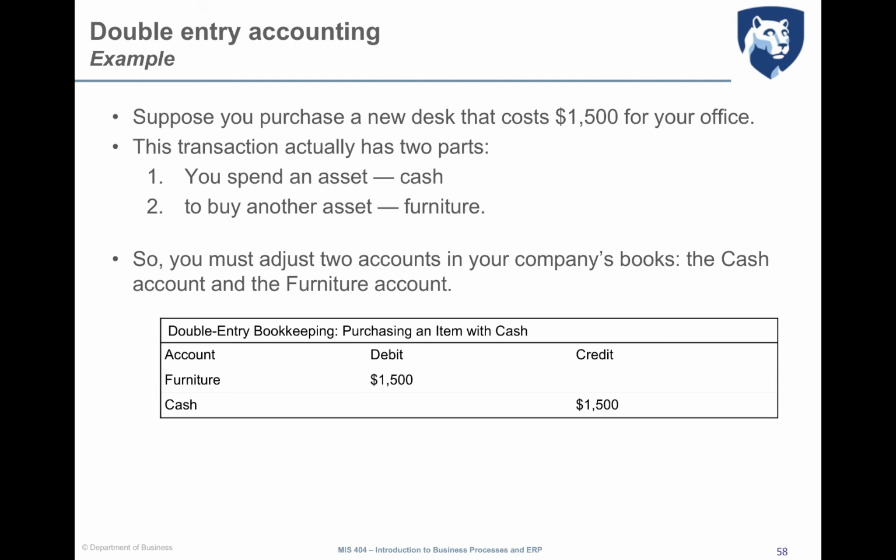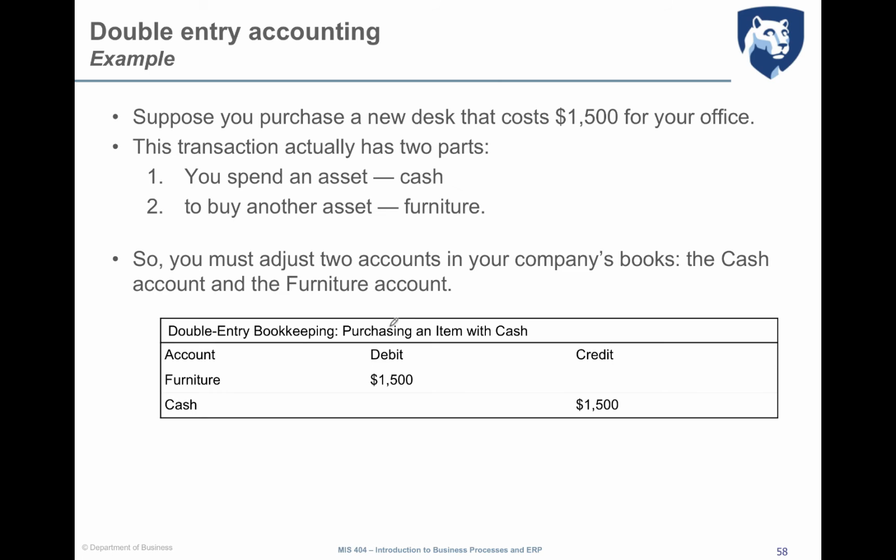On one side, you have the cash account, and on the other, the furniture account. And here is what the transaction looks like in the book, in what we call the bookkeeping entry.